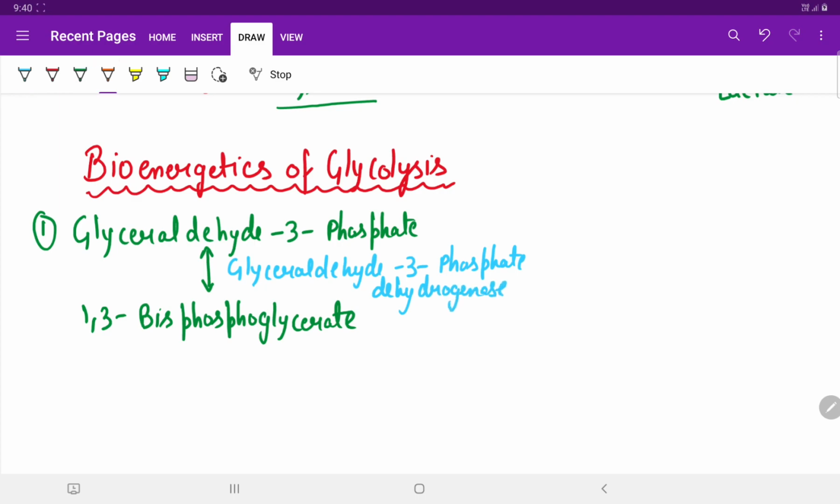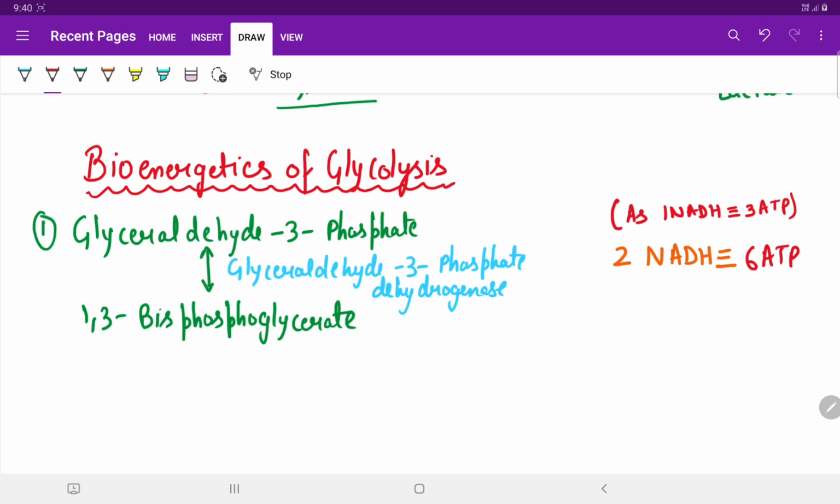And during its reaction, NADH molecule is produced. As the reaction is proceeding for two molecules of glyceraldehyde 3-phosphate, a net production of 2 NADH is there, which are equivalent to 6 ATPs. As we know that 1 NADH is equivalent to 3 ATP. So a net production of 6 ATPs is there.